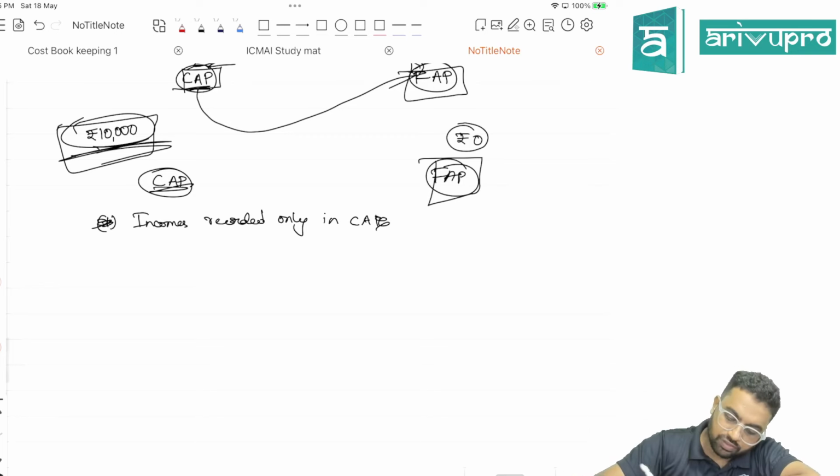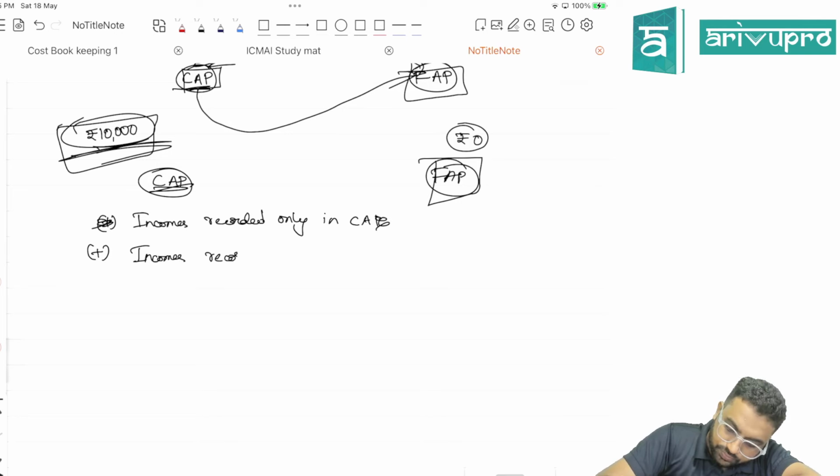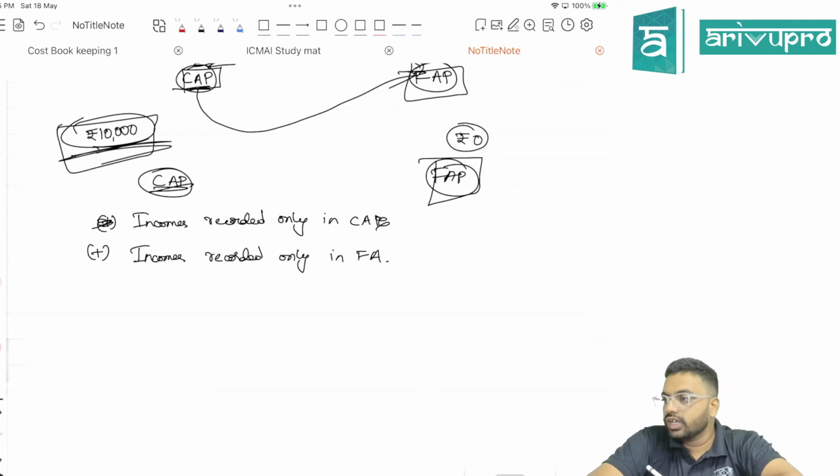So we will add incomes recorded only in financial accounts, because we are trying to reach the point of financial accounts. In our cost accounts it is not added, so we'll add it.